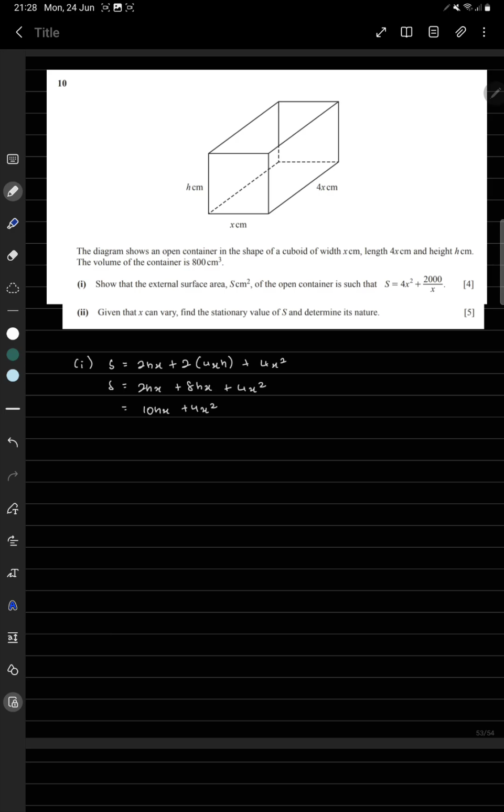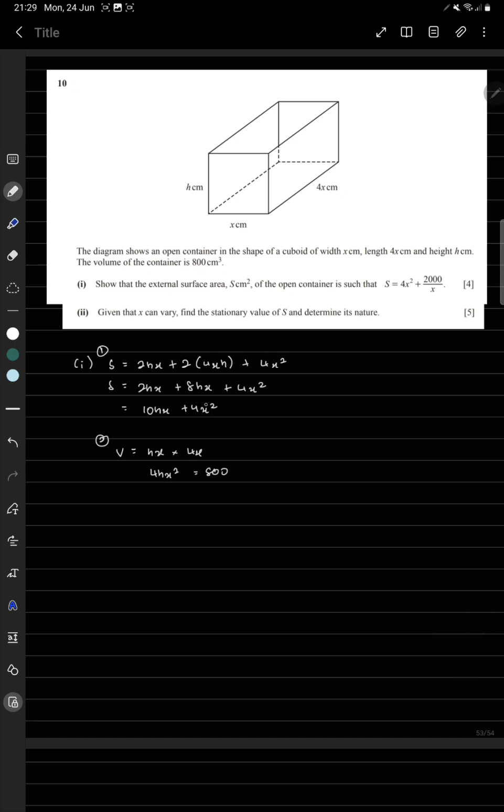Great. Now, the problem right now is that we don't have h in part 1 that's being shown here. So there is a piece of information in the question that tells you about the volume, right? So next I'm going to write down the volume. Volume is going to be equal to hx times 4x, which is 4hx squared, and I know volume is 800 centimeters cubed.